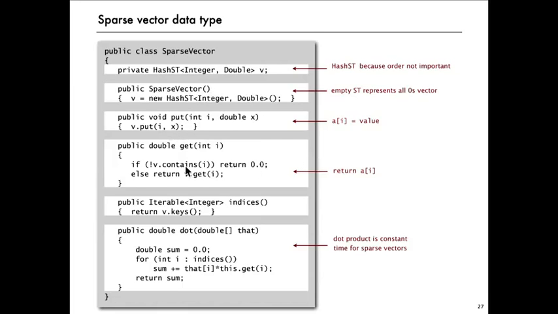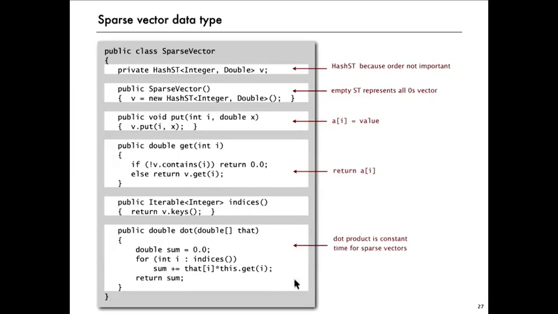And get returns 0 if the index key is not in the symbol table. We didn't, as the whole point was, we don't represent zeros. Otherwise, it returns the value associated with the index. And the iterable just returns all the keys to iterate.